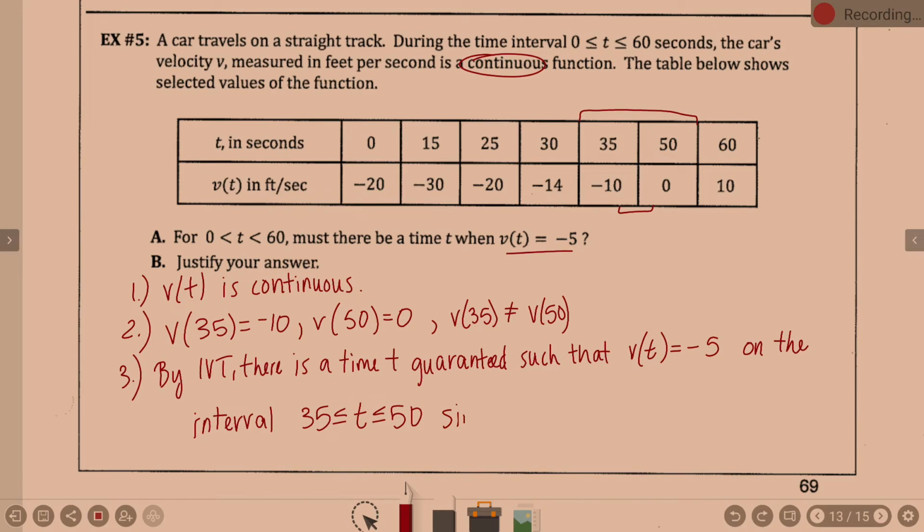And I'm going to say since negative 10 is less than negative 5 is less than 0. And those were the endpoints there.